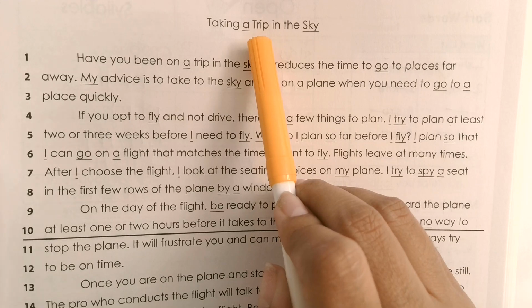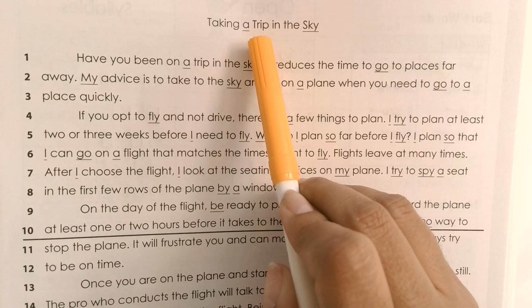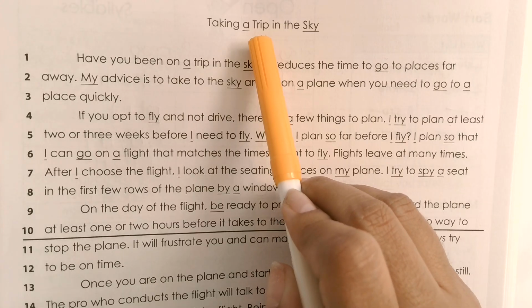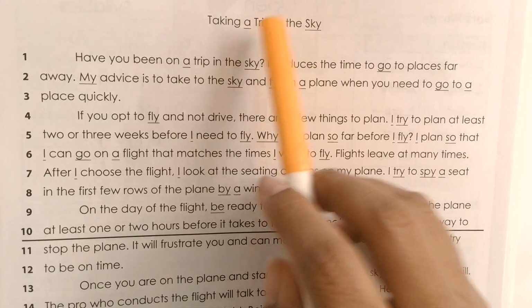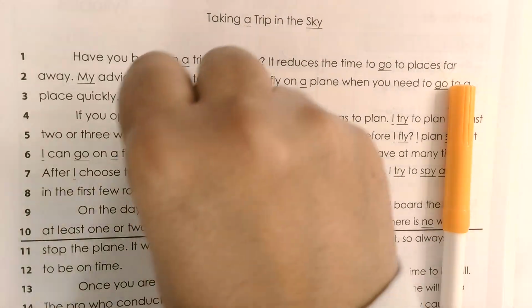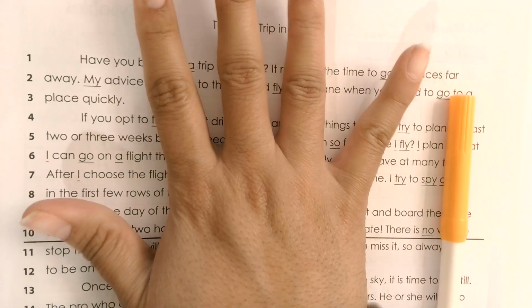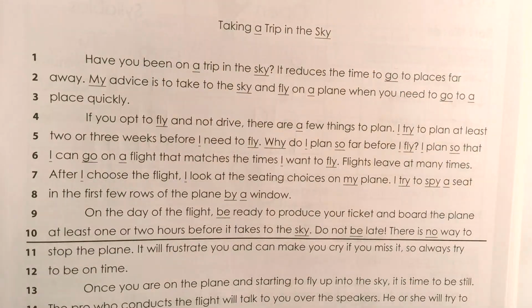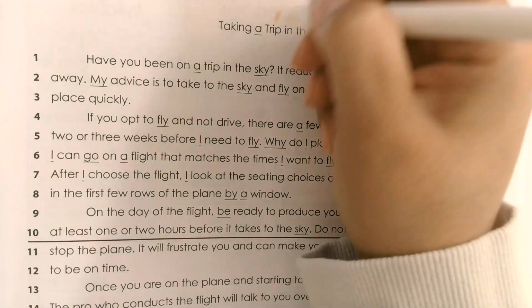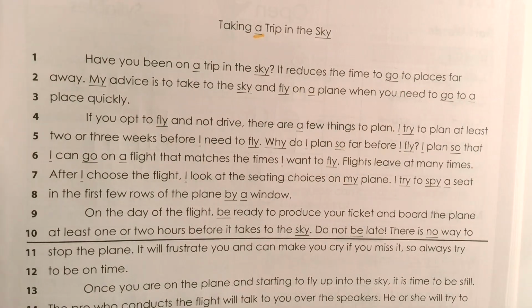Remember, although the word A is most often pronounced with the schwa sound, it still has an open syllable. Okay, so I'm going to make the open gesture and underline the word. So my open hand is my open syllable, and I'm going to underline the word. Okay, so we have the underlined word there.